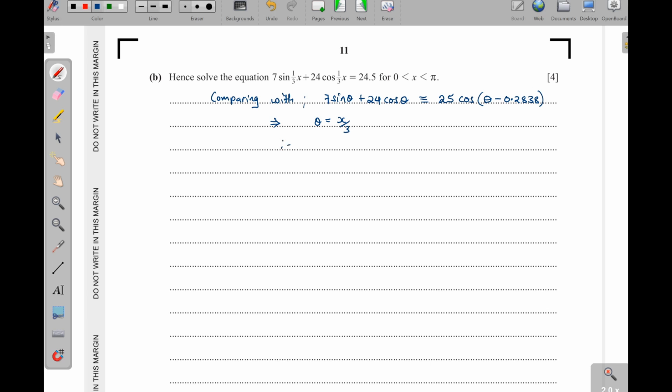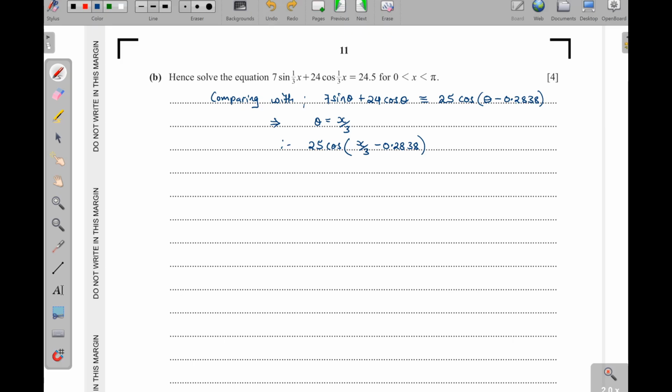So therefore, this one here is going to be 25, then the cosine of, where there is theta, we put x over 3, then minus 0.2838. A mistake people make here: because theta is equal to x over 3, they also come to this angle and they also divide it by 3.